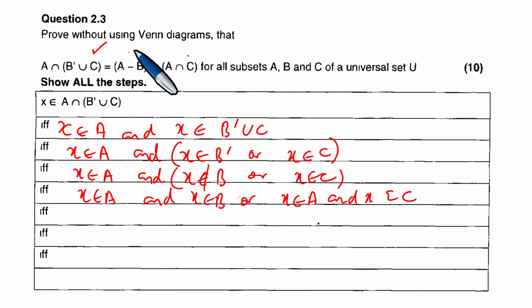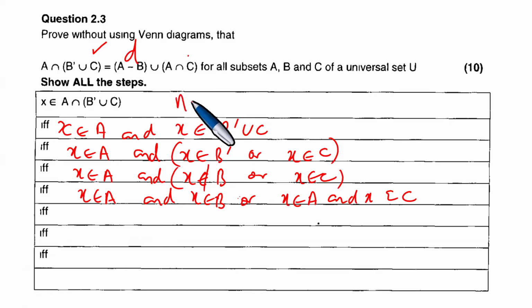So there's something called De Morgan's law, which means that whenever you have distribution, that is what I want to describe here, the set distribution property.